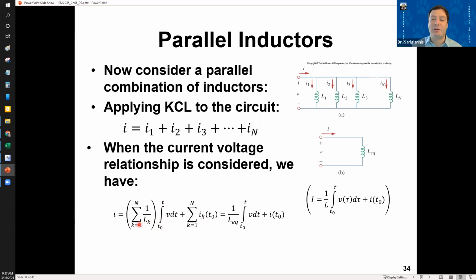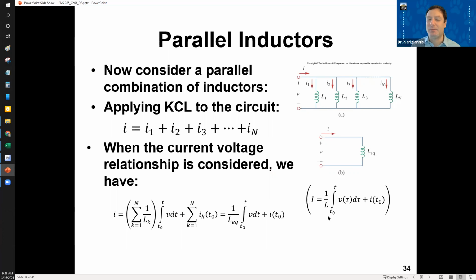And notice this is the sum of 1 over the inductances, so each individual inductor is 1 over L, like 1 over L1 times the integral of V dt. And what's the voltage drop? Again, it's the same from one node to the other. Voltage is just a potential to drive charge.